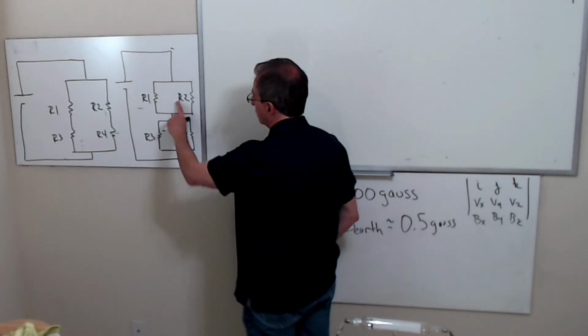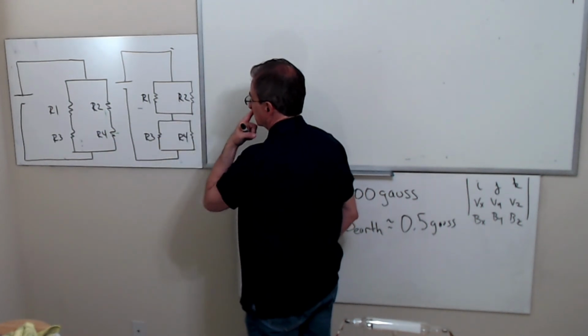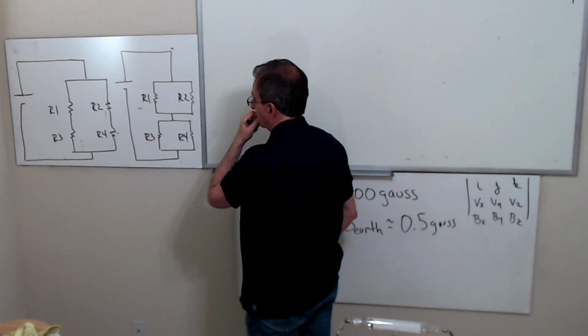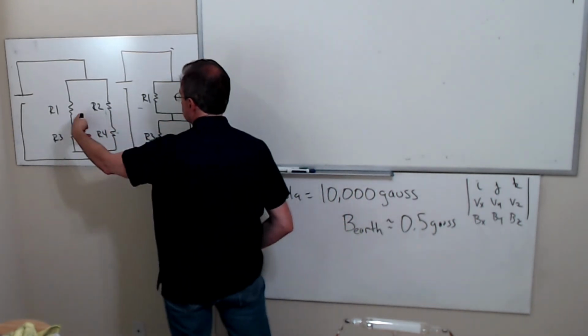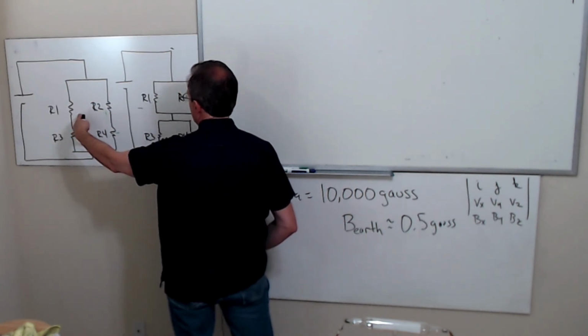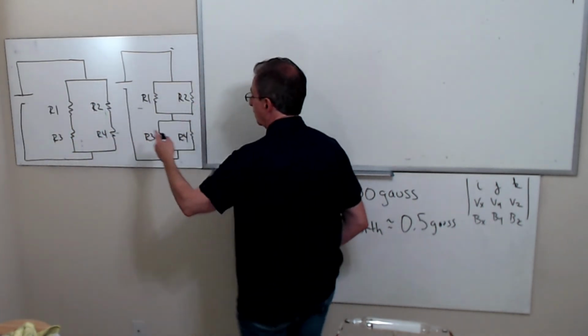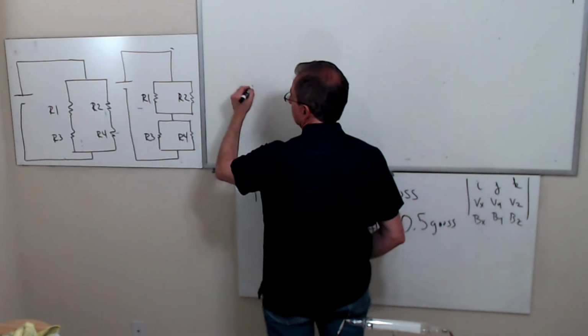Are you going to have a total higher current here? Yeah, the voltage across R2 increased, and across R3 it decreased. See, these two are in series, so the equivalent resistance of that one is this.